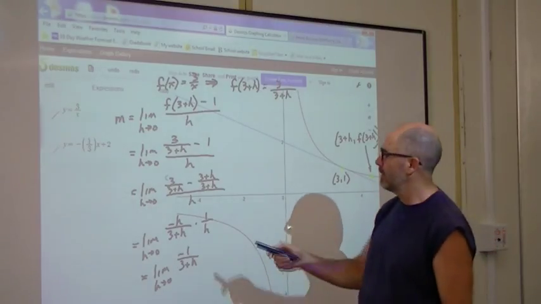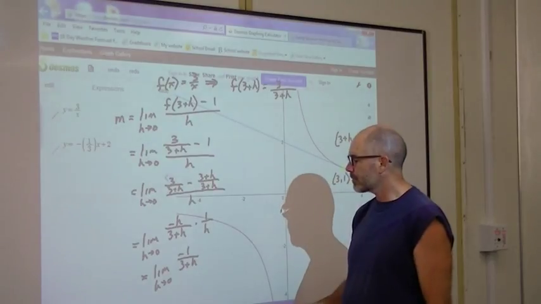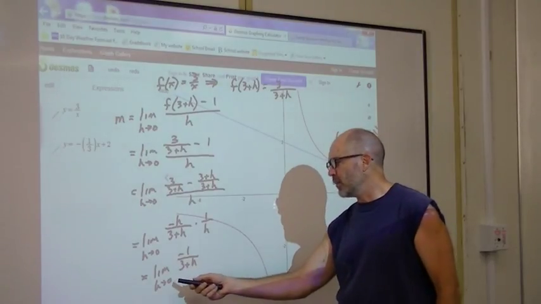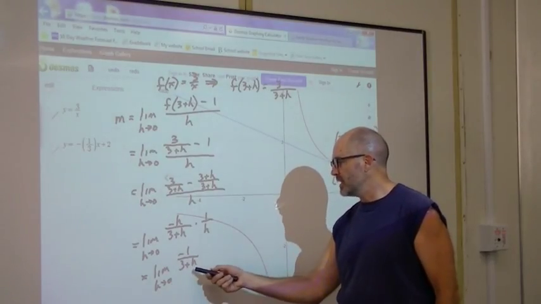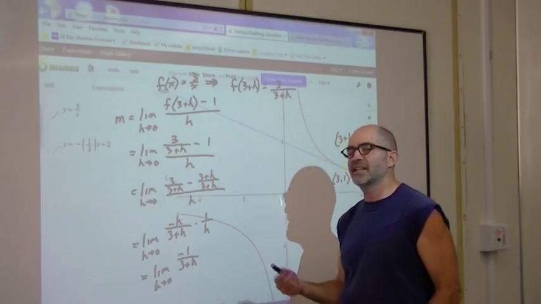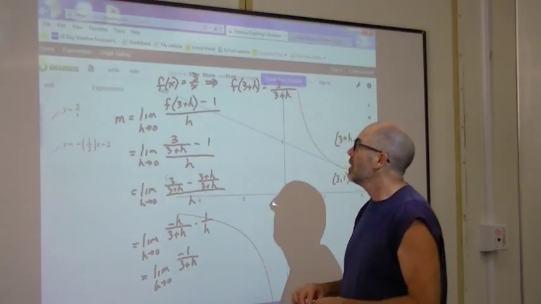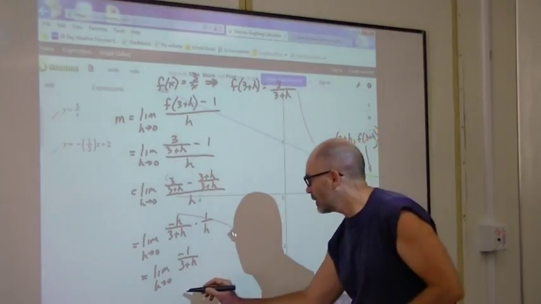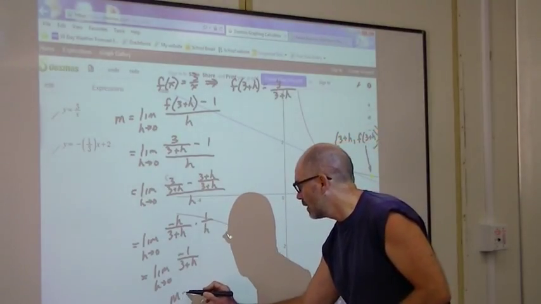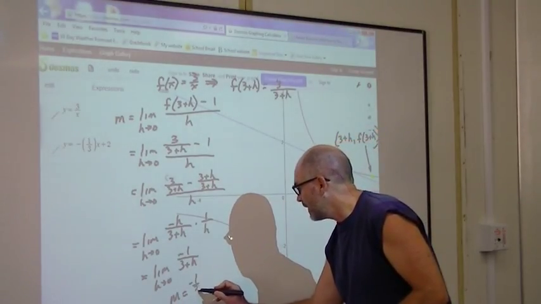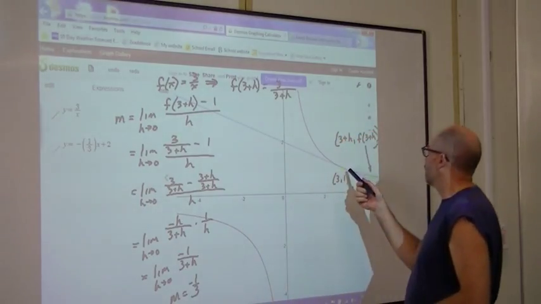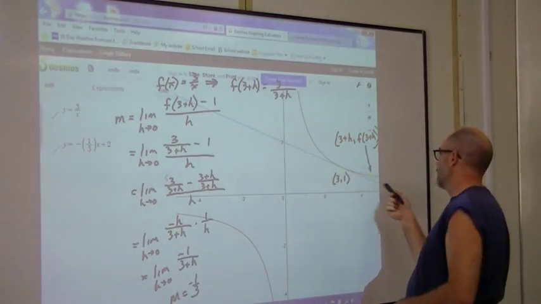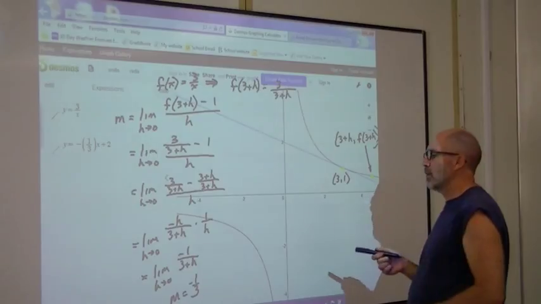We want to keep the limit all the way through here. Okay, now let's evaluate this limit. As h approaches 0, this just approaches negative 1/3. So my slope equals negative 1/3. And that's the slope of this tangent line right here.